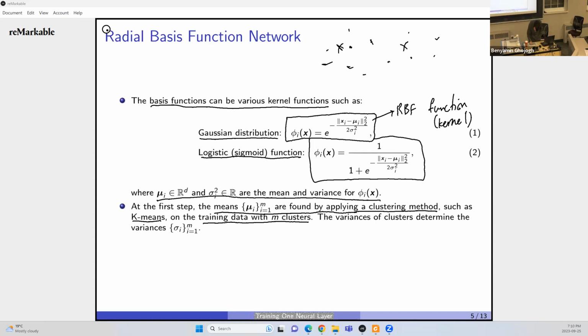For example, this point has this distance from this center and this distance from the other center. The minimum distance shows which cluster it belongs to. All of these will be in cluster 1, and these points, which are closer to the next cluster center, will belong to cluster 2.